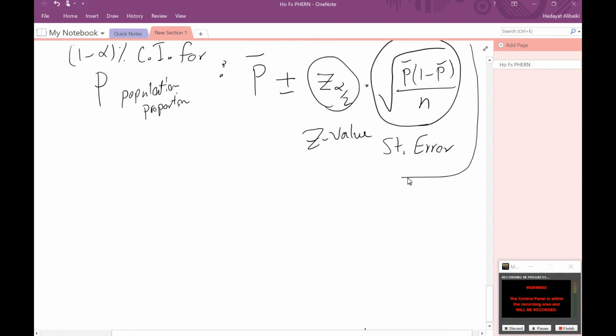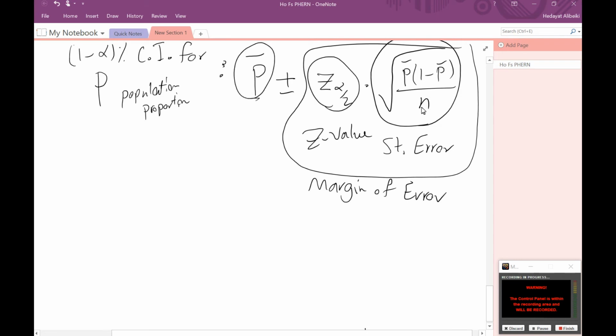The whole thing is called margin of error. For this one, we need to calculate P bar and n. So we have P bar, we have n, and then the z value. So three things, and then we can calculate margin of error and confidence interval.